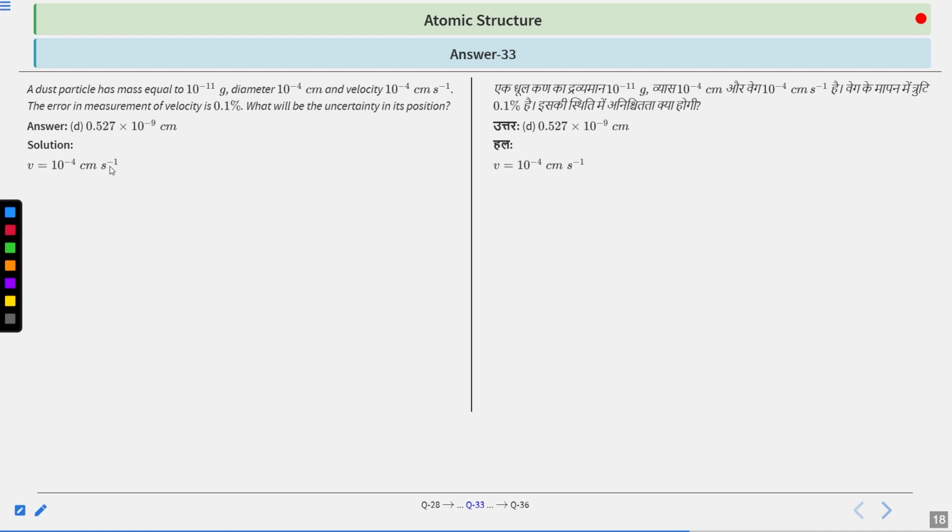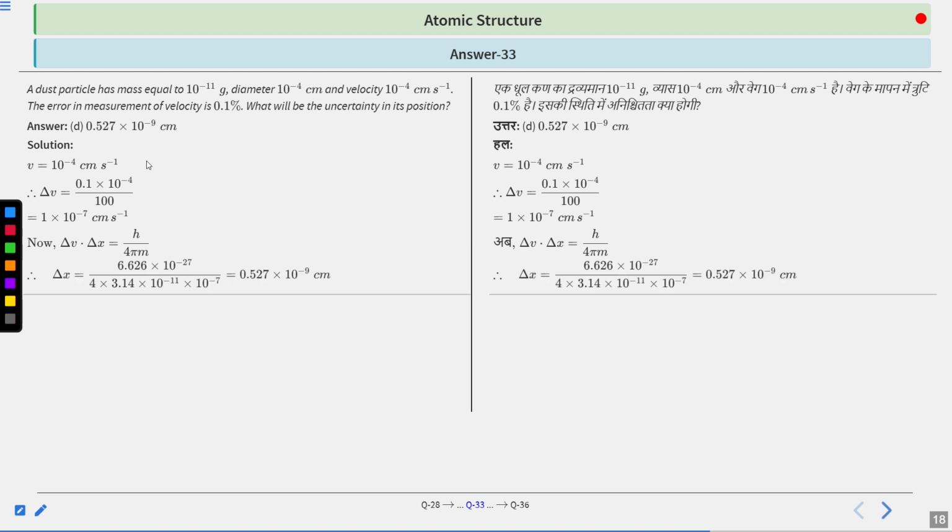Now, this is V, which is 10 to the power minus 4 centimeter second inverse velocity. And delta V is how much? It will be 0.1% of 10 to the power minus 4, that is, 10 to the power minus 4 by 100. So this is your delta V. That will give 1 into 10 to the power minus 7 centimeter inverse. Now we already know that delta x dot delta V is equal to h by 4 pi m.